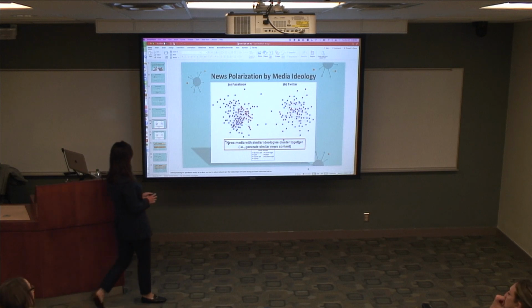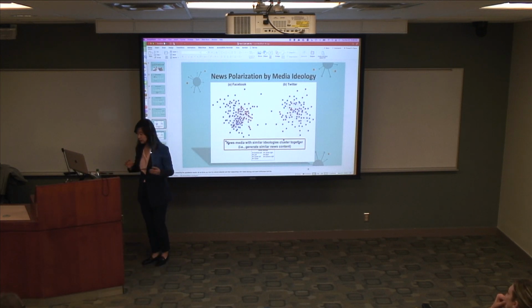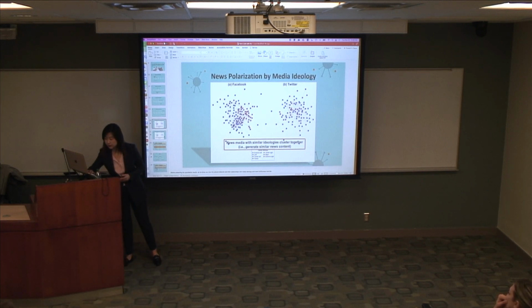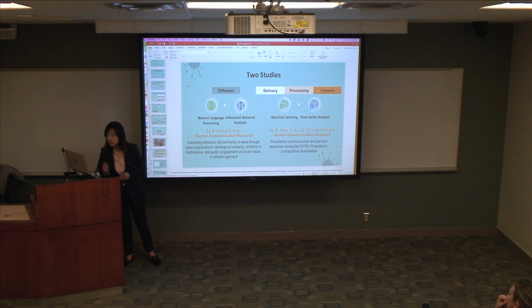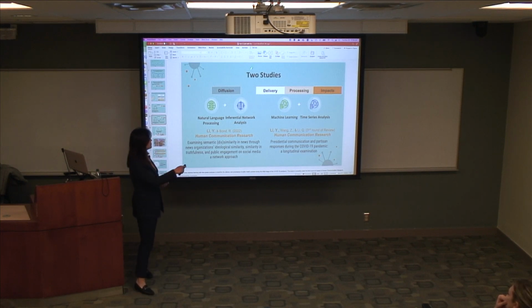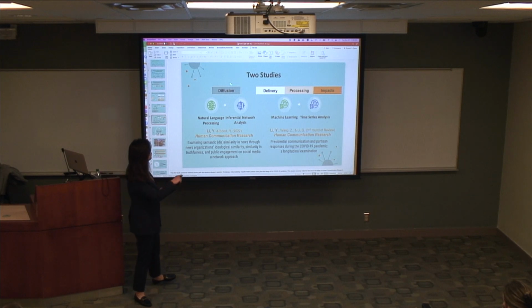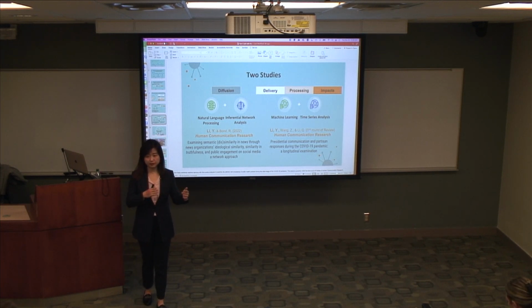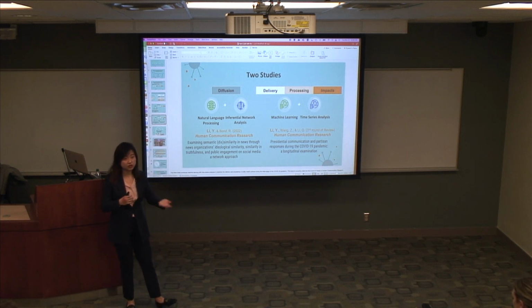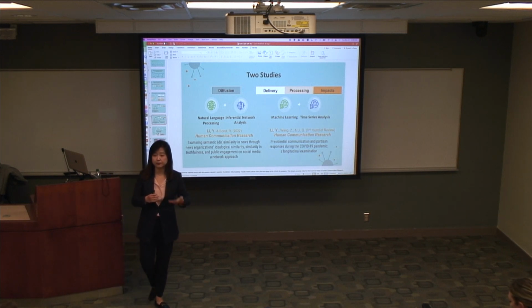That's related to my research program, how it works. Let me go back to, where was this? Let me see. Yeah, here. From this research program, you can see that diffusion is more from the sociological perspective, like how to use a sociological perspective to analyze communication processes.